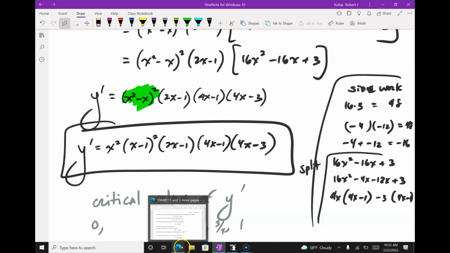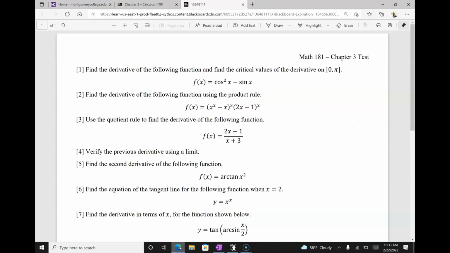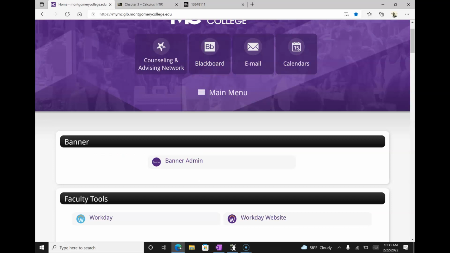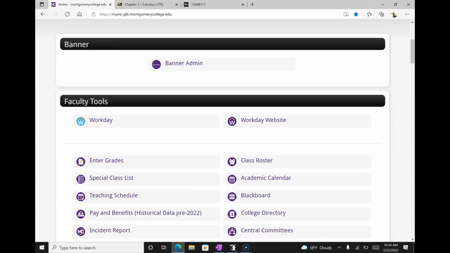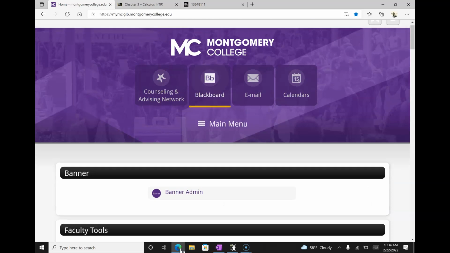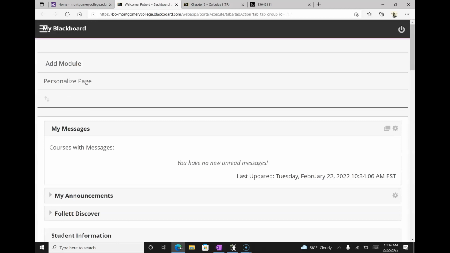All right, let's take a look at a problem from section 3.4, okay? When you're doing homework for this class, make sure you're getting the homework from the textbook, not from WebAssign, okay?